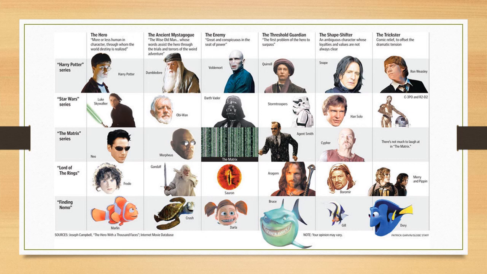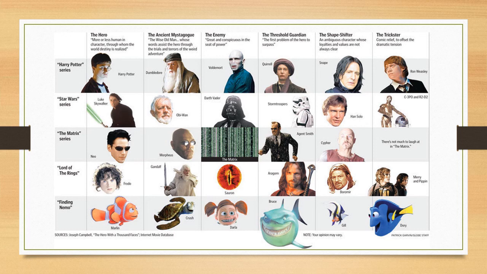Also, when we talk about the hero's journey, here are five or six different popular stories that are all based on the hero's journey: the Harry Potter series, Star Wars, The Matrix, Lord of the Rings, and Finding Nemo.